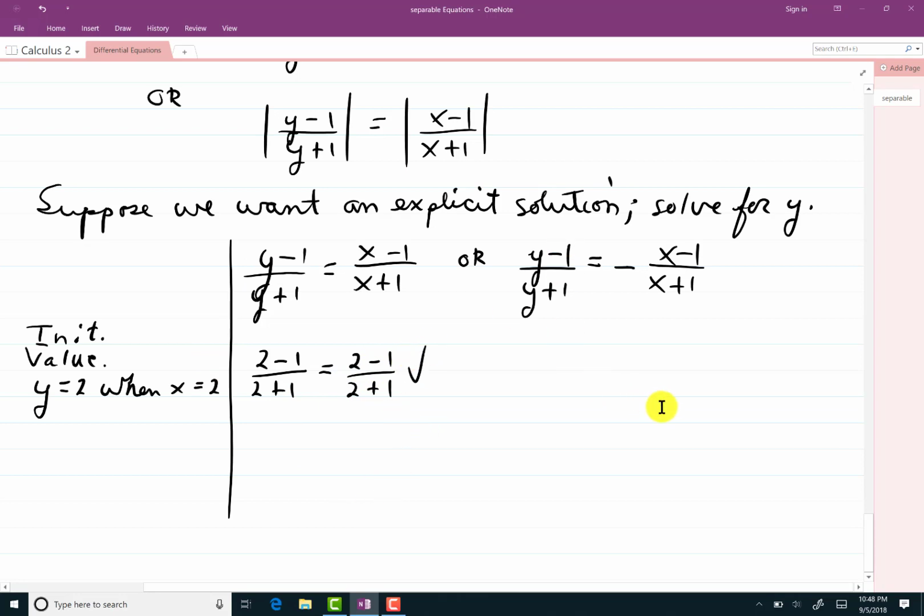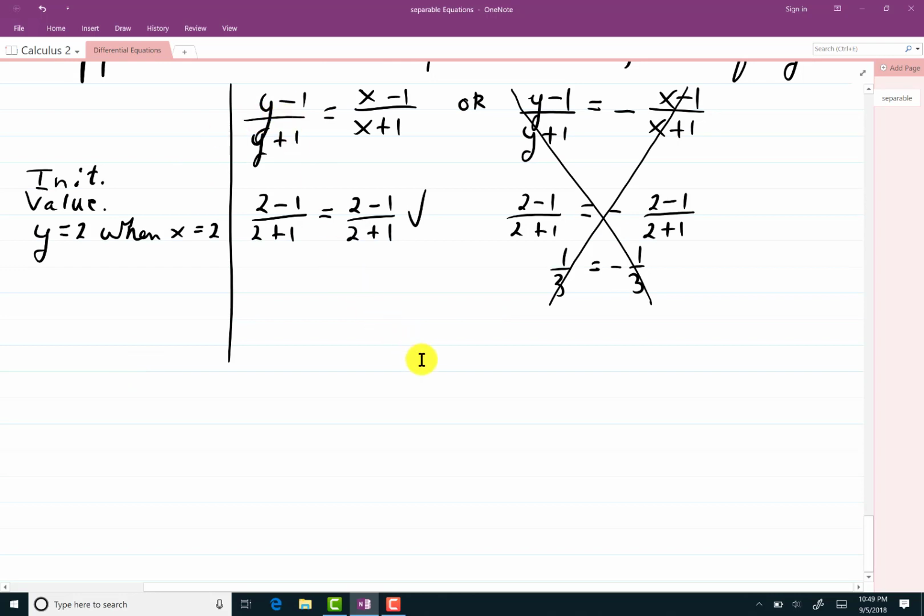Over here, if I try to do that, I'll get 1/3 equals negative 1/3, and I do not want that. So that can't possibly happen. So what I'm left with is this situation here. So this is a better implicit solution. I can just have y minus 1 over y plus 1 equals x minus 1 over x plus 1. So that is an implicit solution.